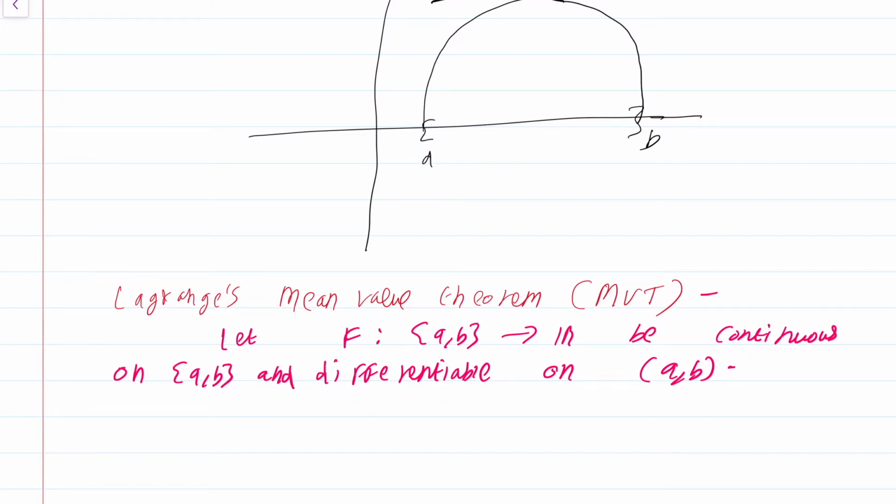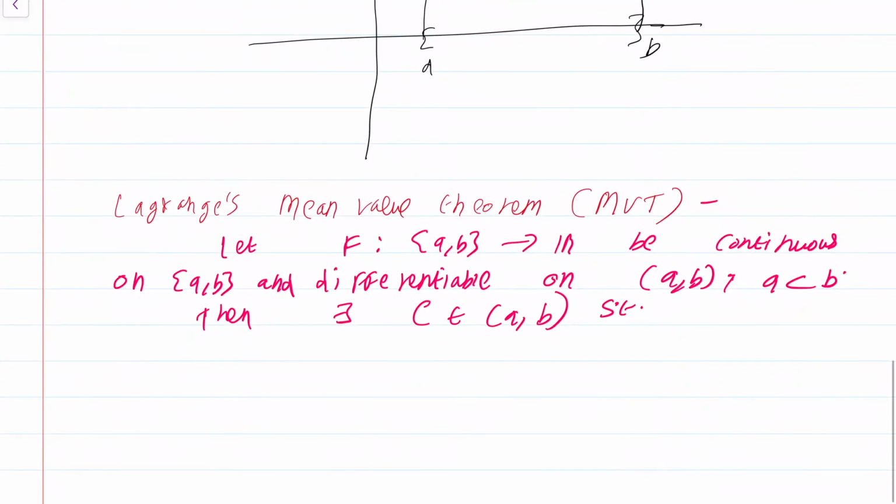Again, a is less than b. Then there exists a point c in the open interval (a, b) such that f of b minus f of a is equal to f prime at c times b minus a.